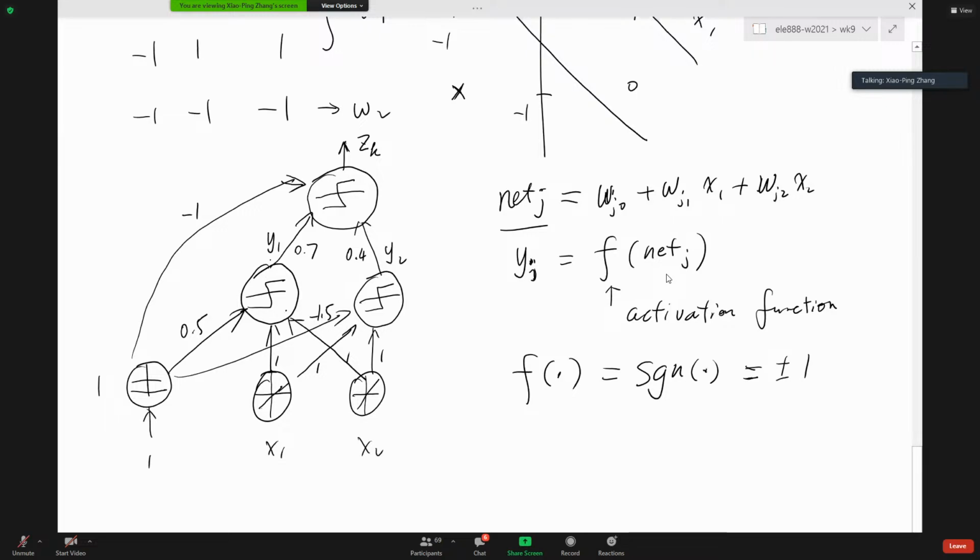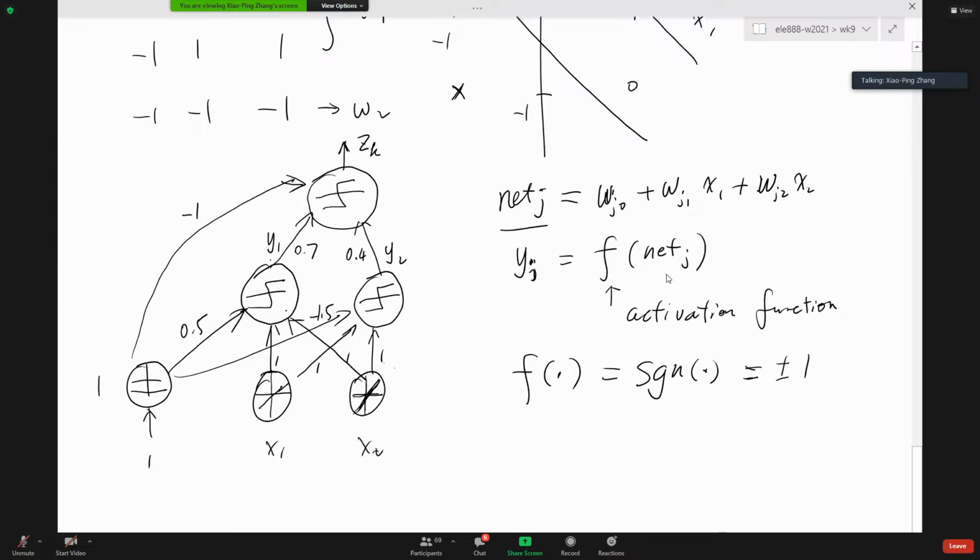Each of these circles is an operation. This one is nothing but a linear multiplier of x1, x2. It's a bit confusing. The reason I put it here is just to show this is a linear operation, because of the coefficient I put on the line.